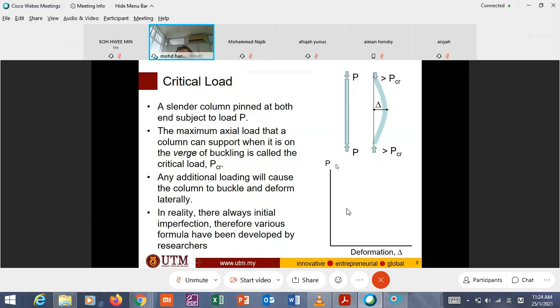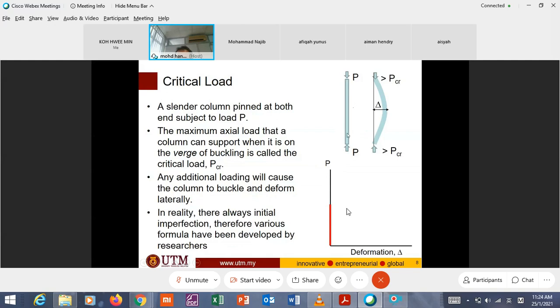Now, if we plot a graph relating the axial load P and the lateral deflection delta, this is the lateral deflection delta. This is the first part of the loading condition. What is this part?